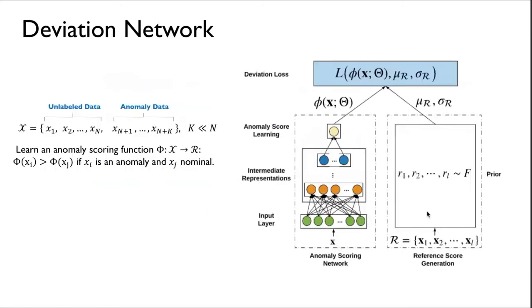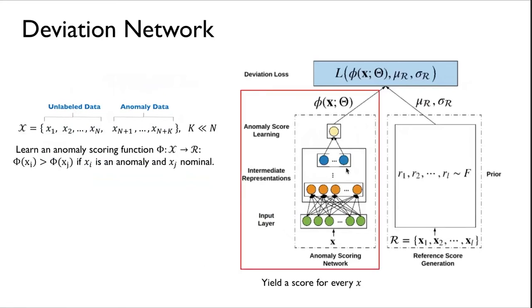So this picture is the overall framework of the model presented in the paper, which we call Deviation Network. There are three components to this framework. The first component is a multi-layer neural net that can generate a score for every data instance.